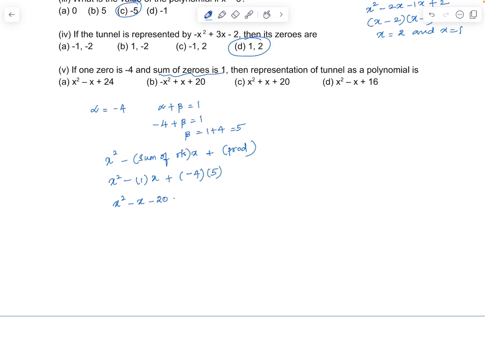Since the parabola is a downward parabola, we have to multiply this expression by minus 1. So this becomes minus x square plus x plus 20. So the answer is B.